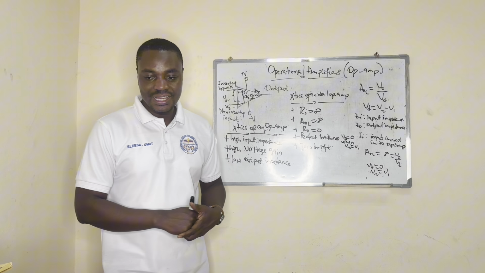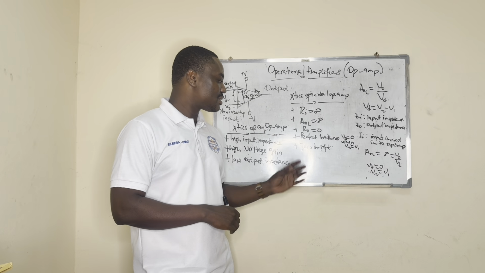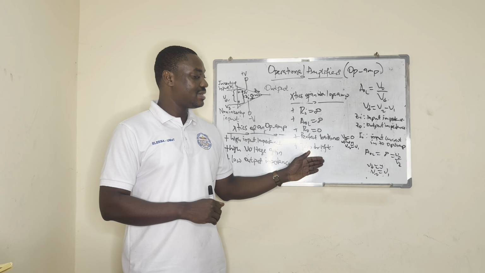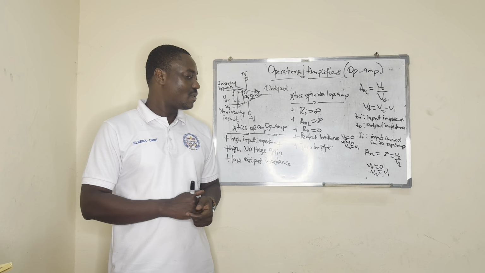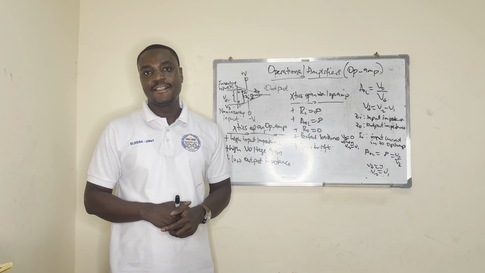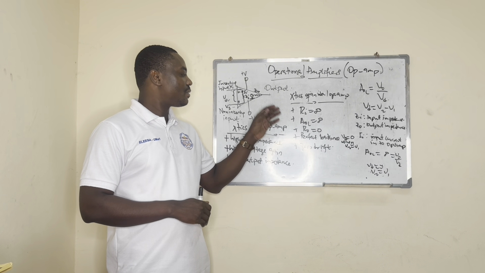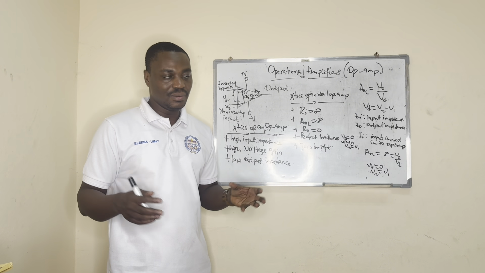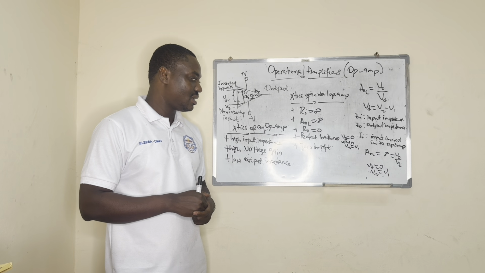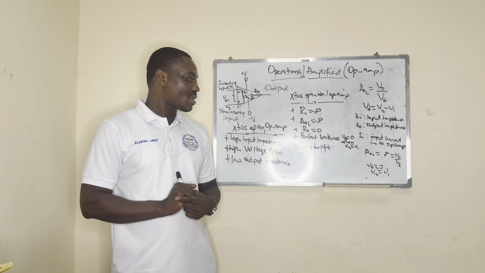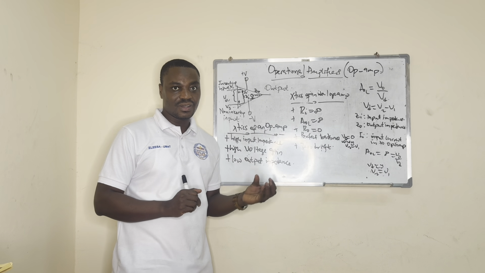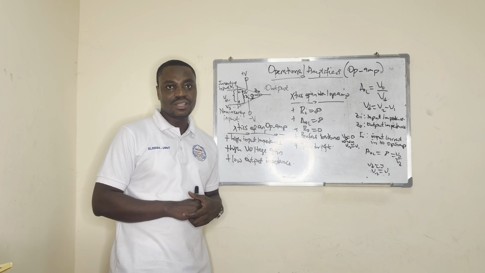Zero drift is about how environmental changes can affect the performance of the operational amplifier. The operation is not really affected by temperature or humidity or any other environmental factor. Hence, the operation is considered to have zero drift.